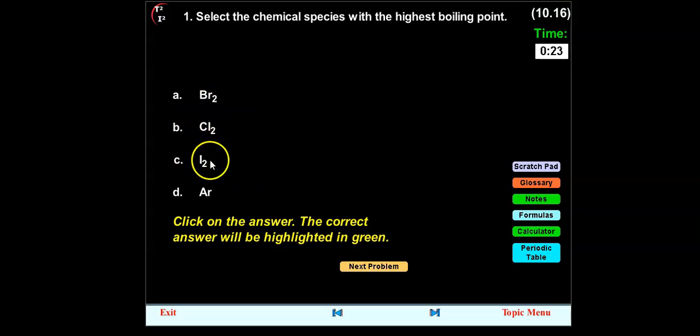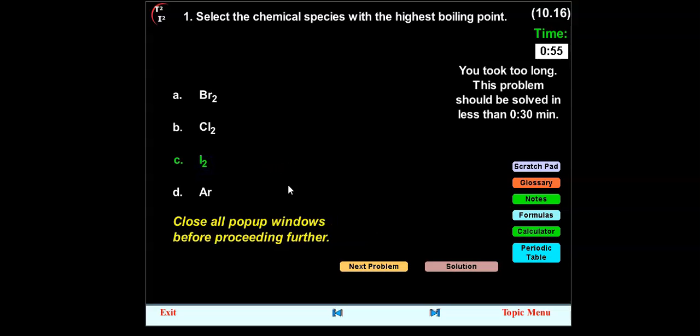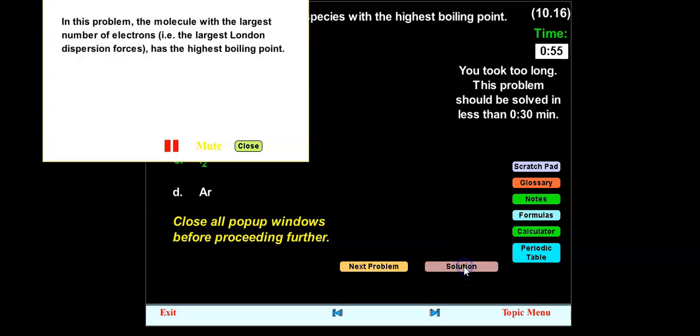If you look at the molar mass of all of these, iodine has the greatest molar mass, so iodine will be the best option. I will also show you the reason. In this problem, the molecule with the largest number of electrons, for example the largest London dispersion forces, has the highest boiling point. Therefore, I2 is the correct answer.